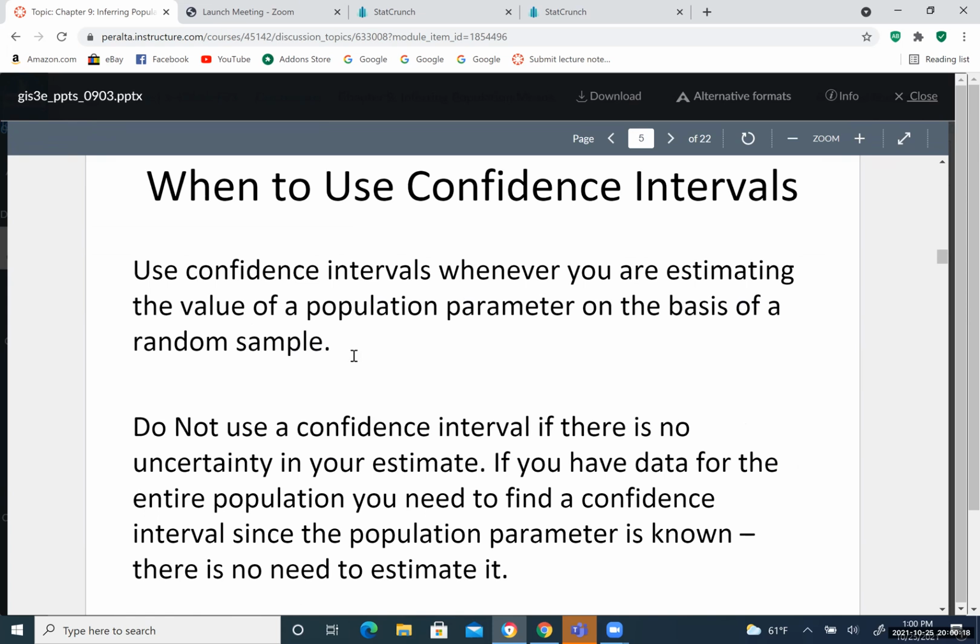When we talk about a confidence interval, we're talking about an interval, right? From where to where. We use confidence intervals whenever we are estimating the value of the population parameter, mu, on the basis of a random sample.